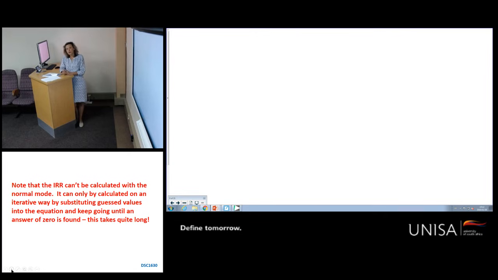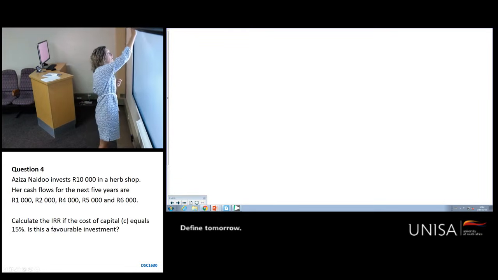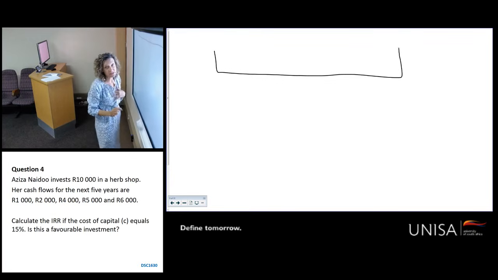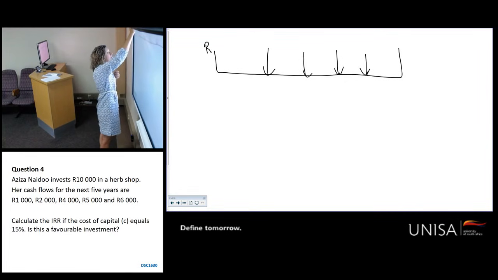So you need to use your financial mode, which has already been programmed to give you the IRR. So there we've got Aziza again. We've got our normal timeline that we had previously with our inflows and our now value of 10,000, right?